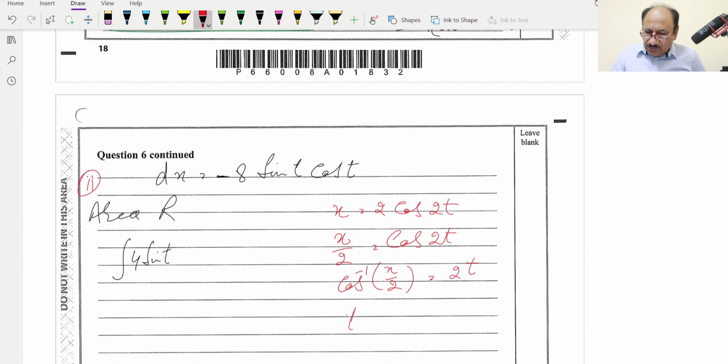The 2 we can also shift, and t will be equal to 1 by 2 cos inverse of x by 2. So this will be t in terms of x. Now we can change the limits.